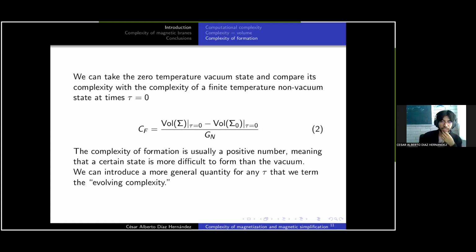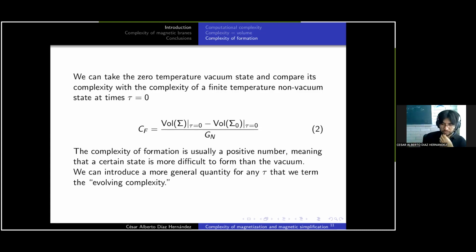If we take the zero temperature vacuum state, we can compare it with the complexity of a finite temperature non-vacuum state at time tau equals 0, right? So this is what we call the complexity of formation. This intuitively can tell us how difficult it is to form a certain state.